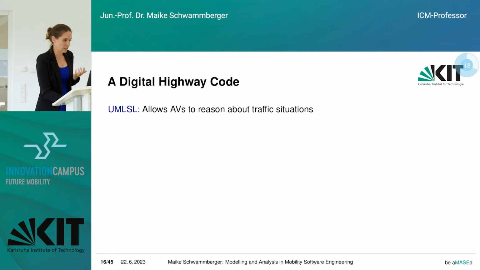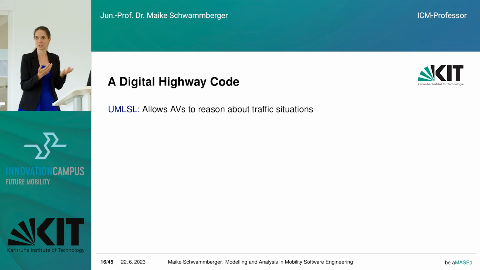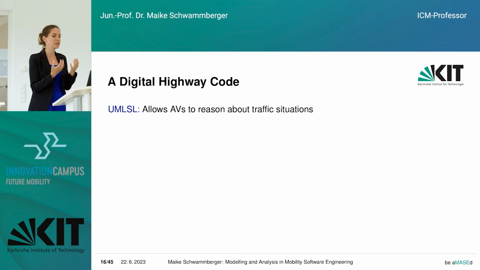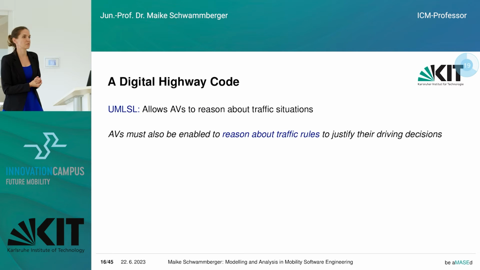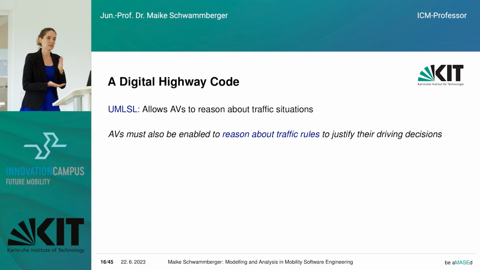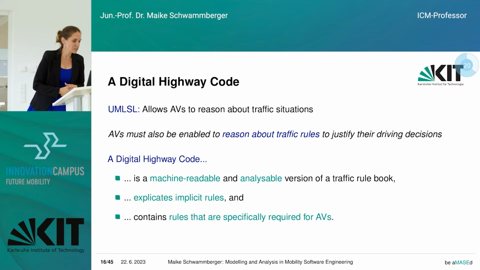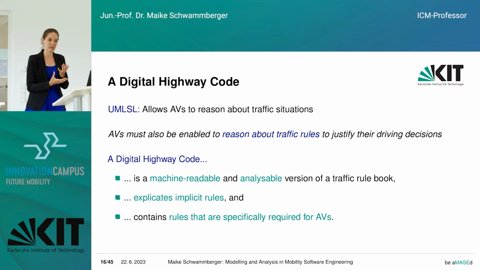And so what can we actually do with such a spatial logic? For instance, we could, of course, have now controllers that reason about traffic situations, but also we can formalize traffic rules. So my idea is that an autonomous vehicle must also understand traffic rules if we want them to drive safely in our midst in some future. So the idea here is we formalize the rules. This means that we have to explicate implicit rules.